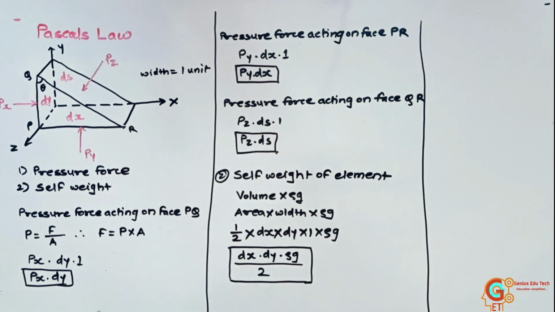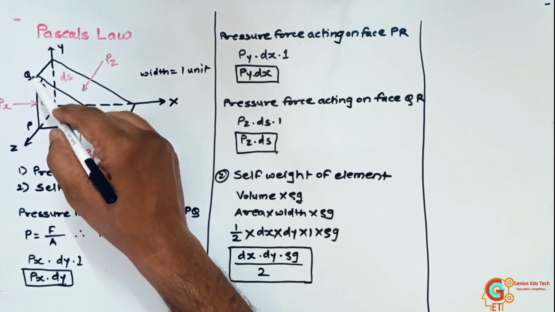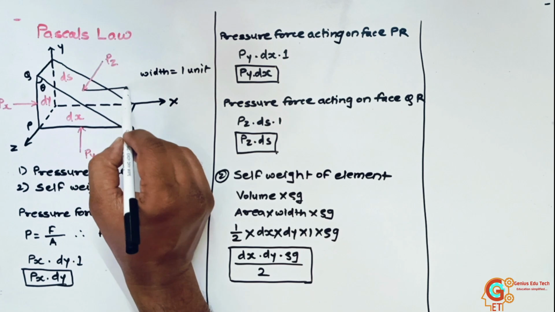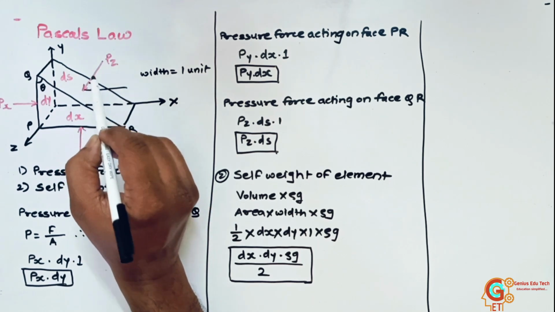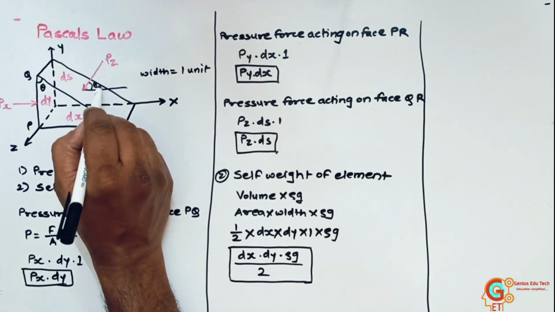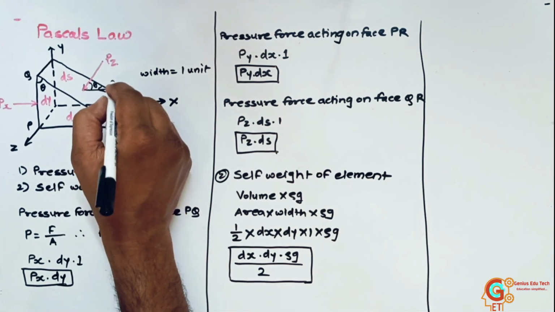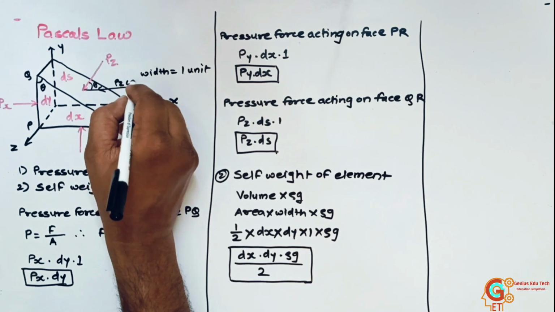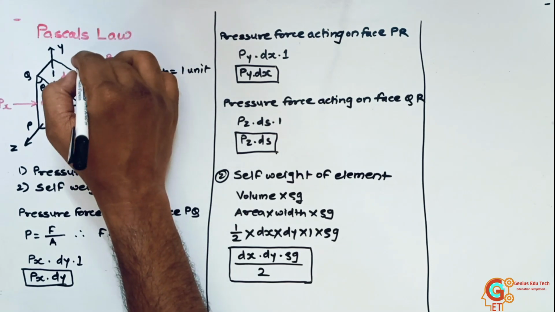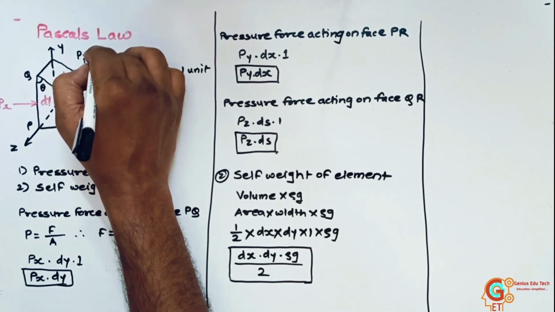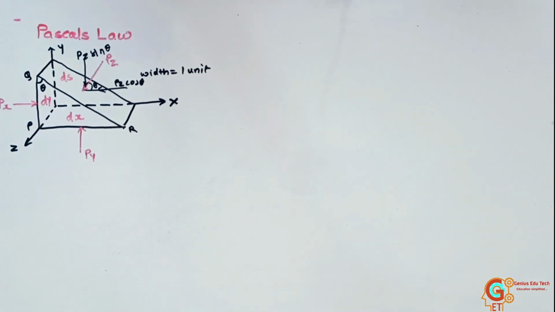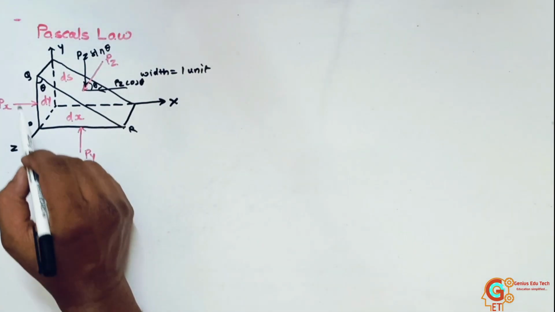So we have seen pressure forces as well as self weight of the element. Now you can see the pressure Pz is acting on face QR, which is making some angle with the horizontal. That angle is nothing but theta. So we will resolve Pz into two components: Pz cos theta and Pz sin theta. Now again consider this wedge shape element PQR.